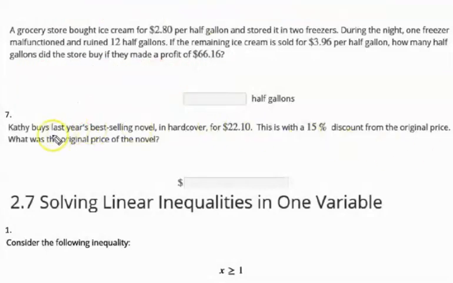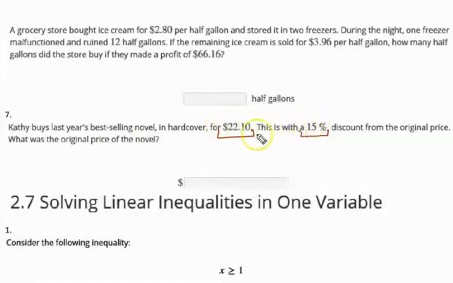And Kathy buys a book, and she pays this at the cash register. This is with a 15% discount. What was the original price? Well, let me help you on this one.